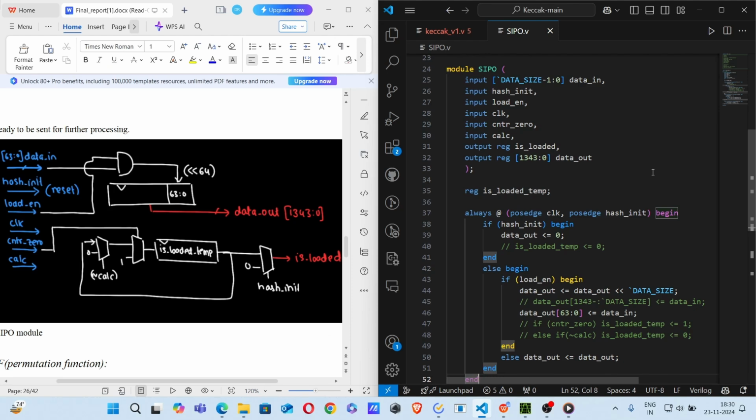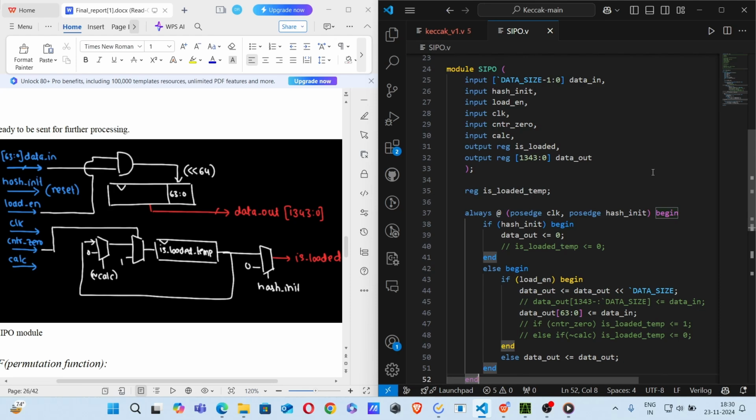There is an input called calc from the F permutation module, and we shall look at its use later. There is an output called isLoaded, and this is going to the F permutation to signal when the required number of bits for the particular algorithm is loaded in.